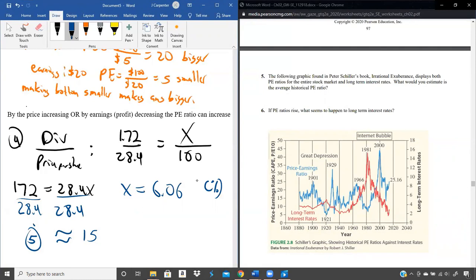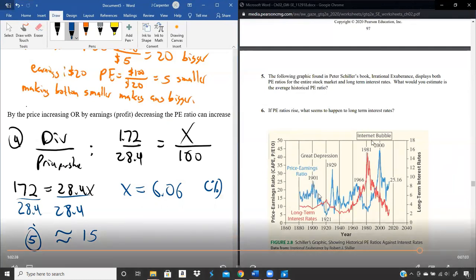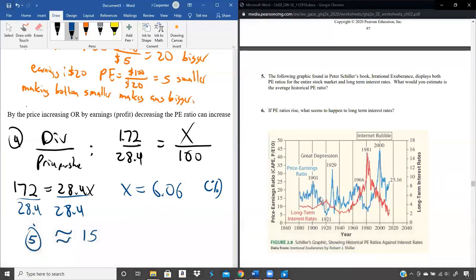Definitely billions, in fact. Number 6: if the PE ratio rises, what seems to happen to long-term interest rates? This is not definitive, but they're pretty well related to each other, especially if you look at the long-term peaks and the extremes. Here's an instance where the blue is going down and the red seems to be going up. Here the red is getting ridiculously high and the blue almost bottomed out.